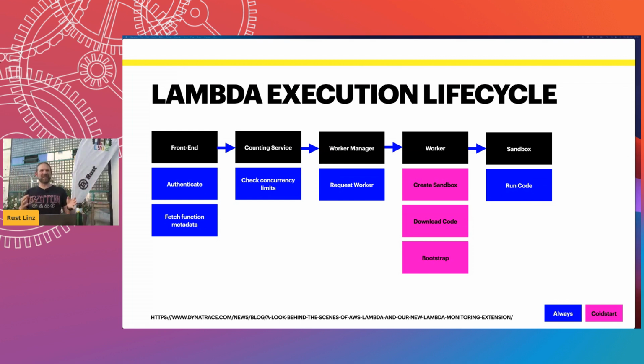If you're allowed to do that, it checks if you are within the range of concurrent workers that Amazon can provide for you. And if that all is okay, AWS Lambda requests a worker. So you can think of a fleet of micro VMs, and you can request one of those workers to process your workload.